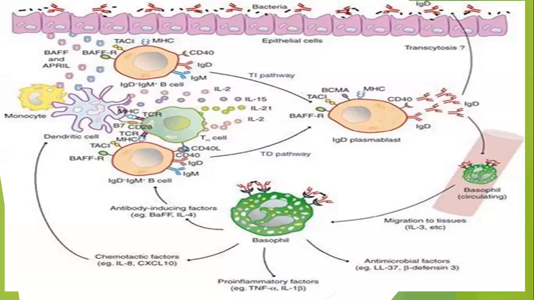So already here, we are tackling and slowly handling the collaboration of the innate and the adaptive. As you can see, we've got the basophils. These are cells of the innate immune system.